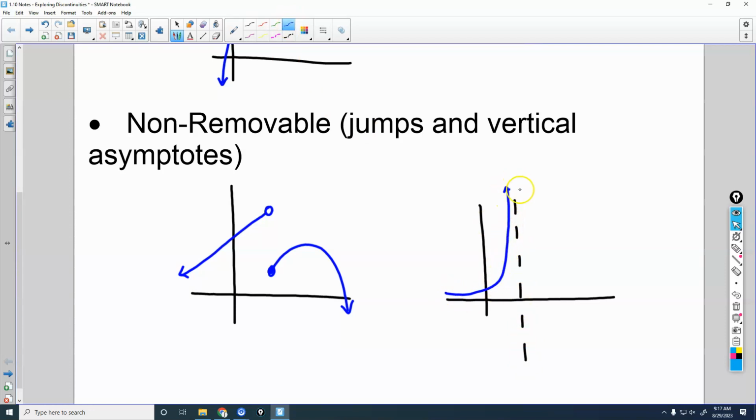They could both go in one direction. You could have one go up, one go down. You might have it just from one side. Those would be non-removable because you cannot fix those with just a single point.